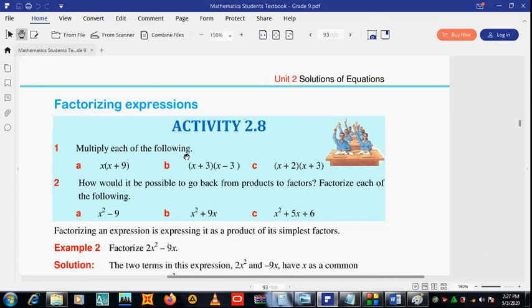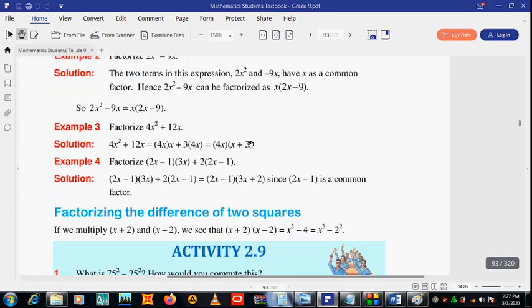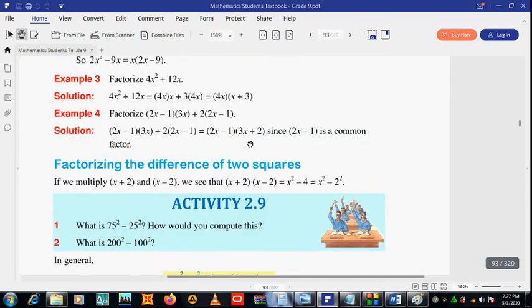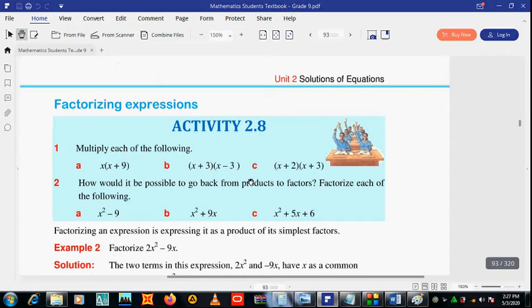Multiply each of the following. Activity 2.8, page 87. Multiply x in bracket x plus 9.